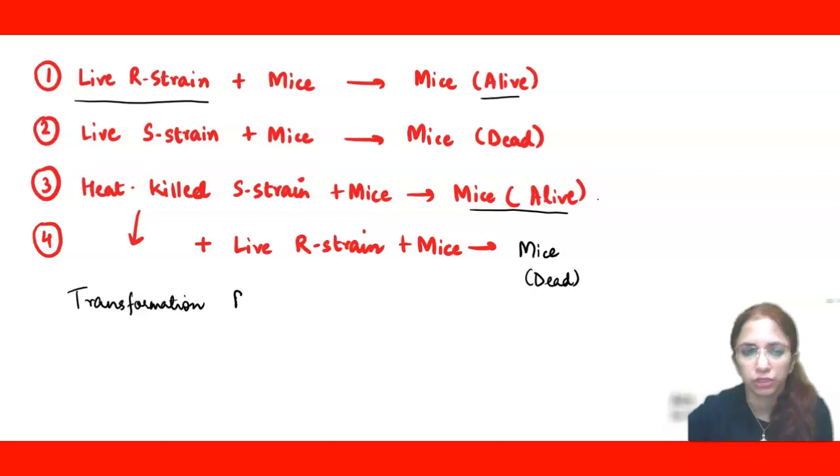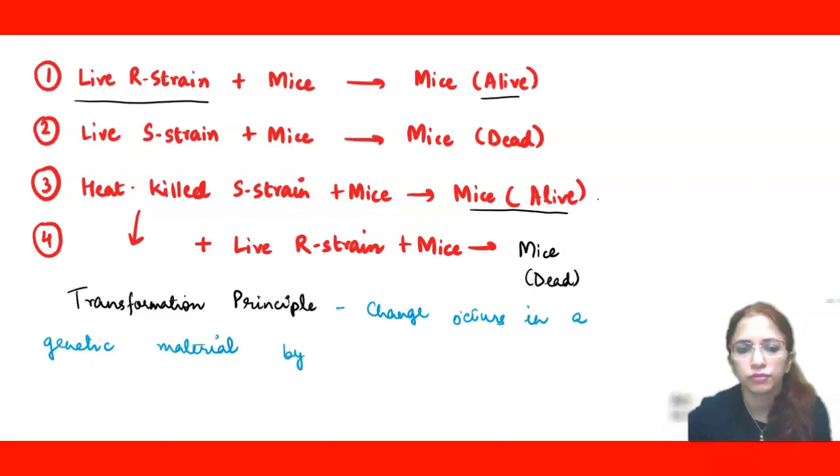You must know the definition of transformation principle as well, because when a question comes on the transformation, you need to define what transformation is. So the transformation principle says that change occurs in genetic material by the introduction of foreign genetic material.